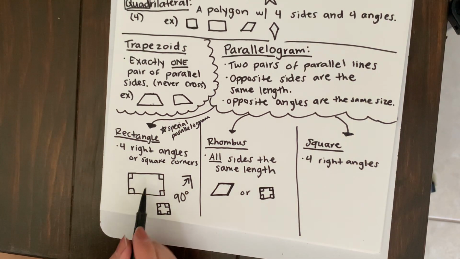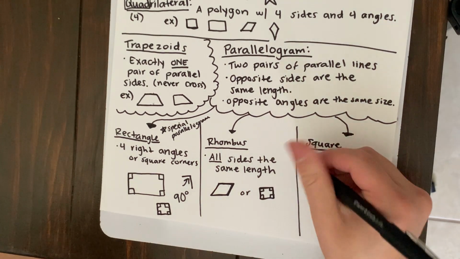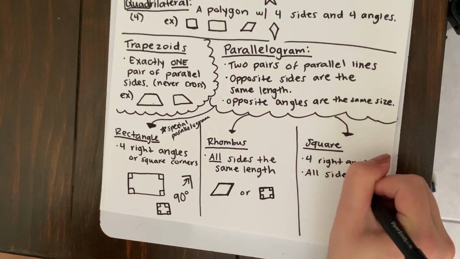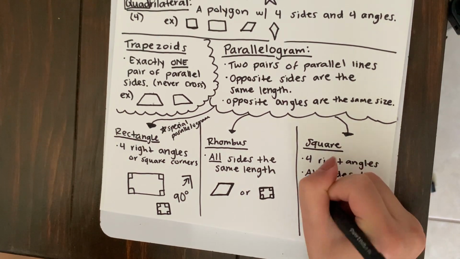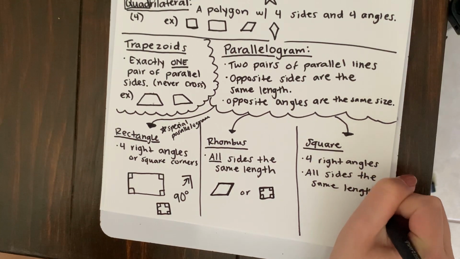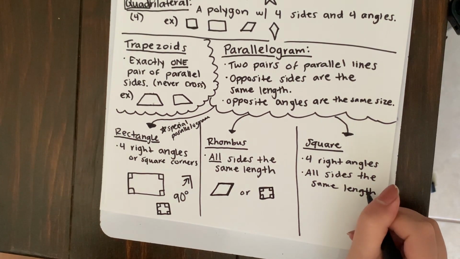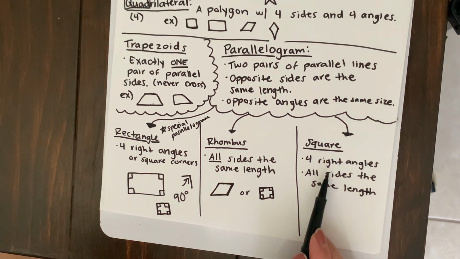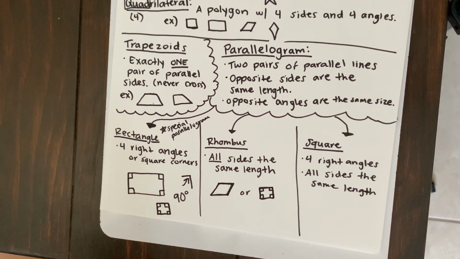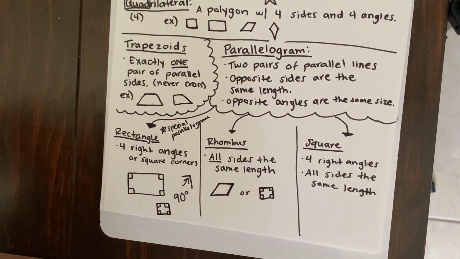So just like a rectangle, it has to have 4 square corners or 4 right angles, and all sides the same length, okay? So a square has both of these rules at one time. So it has to have 4 right angles and all sides have to be the exact same length, okay?